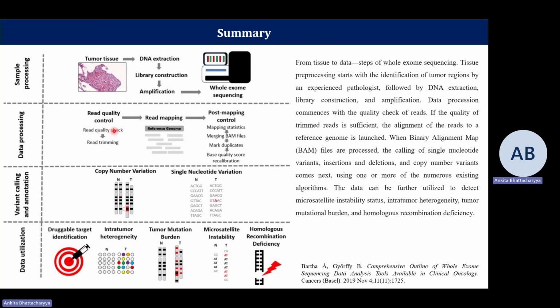And finally, after all of that has been done, you need to do downstream analysis, which includes obtaining information like copy number variation, which is the number of copies present for your gene of interest, and single nucleotide changes. You can then use that information to find whether there are druggable targets which are undergoing mutation in a large number of patients or a subset of patients with a certain genetic background.